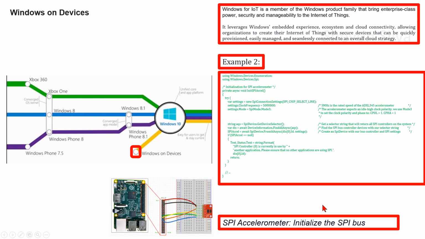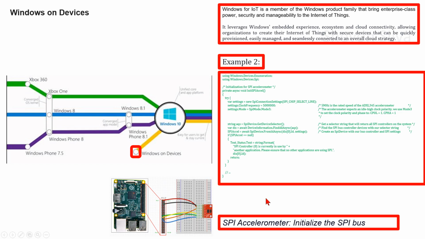As an example too, we can consider this C# code. Here we will connect an SPI accelerometer to your Raspberry Pi 2 or 3, MinnowBoard, or DragonBoard 410c and create a simple app to read data from it.